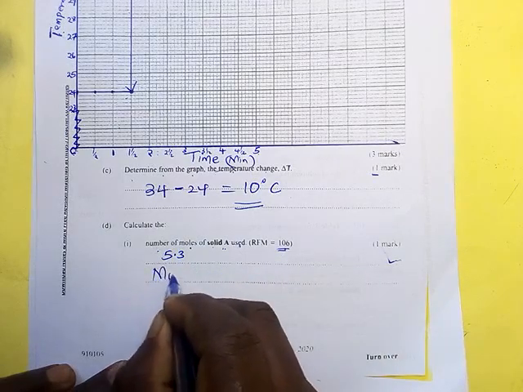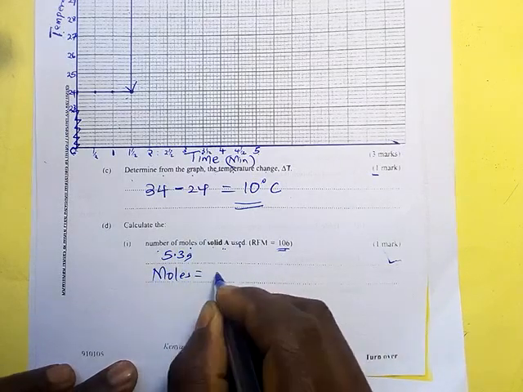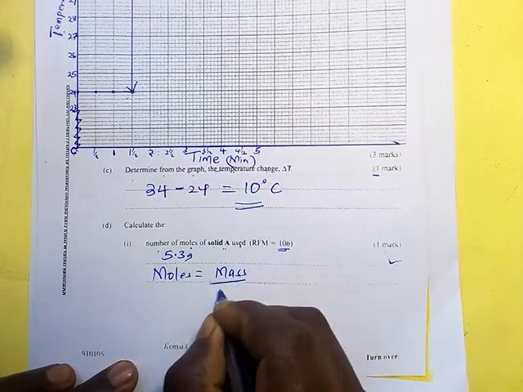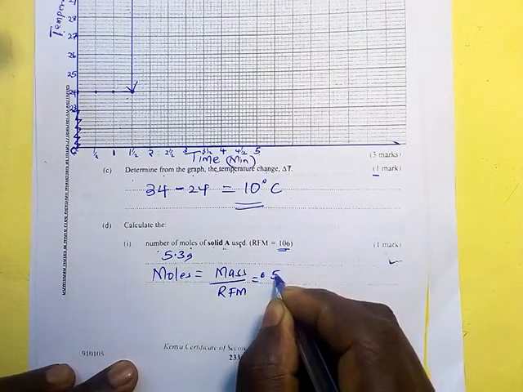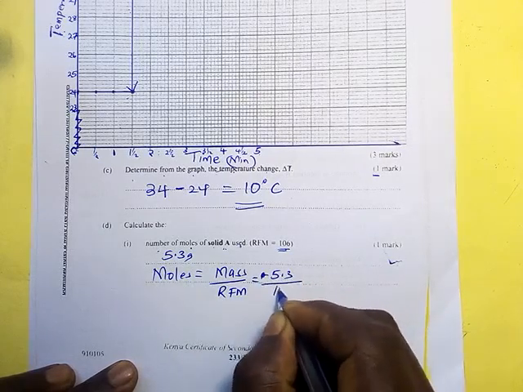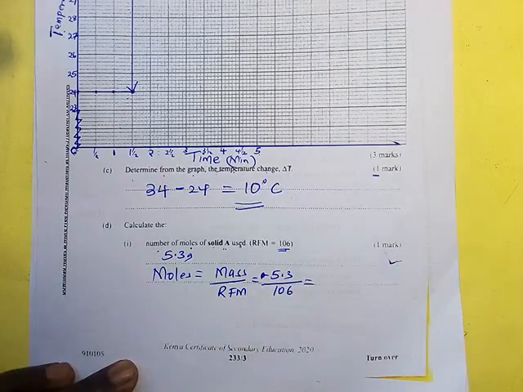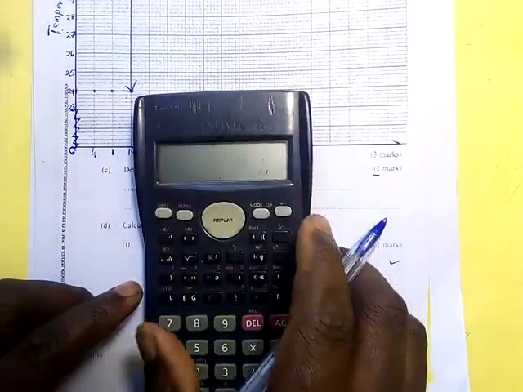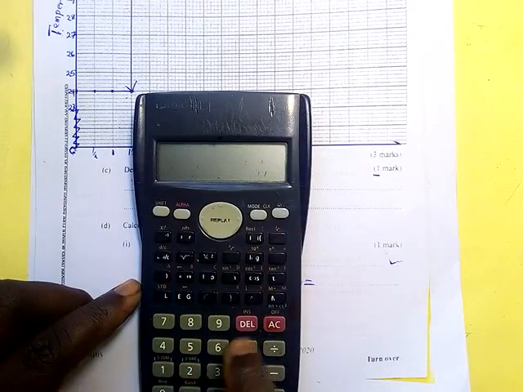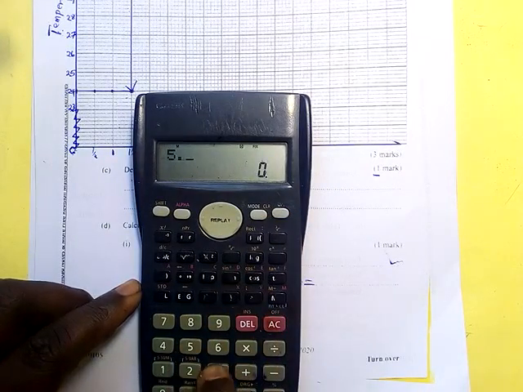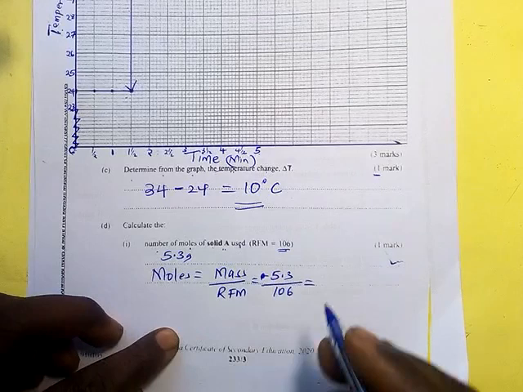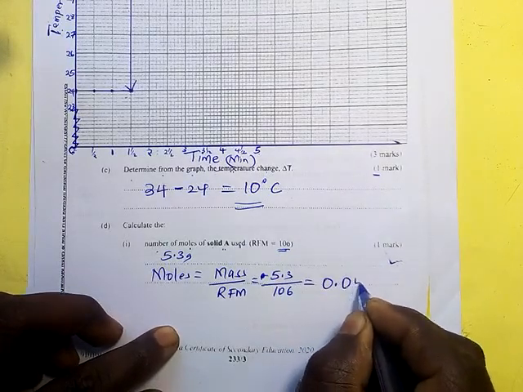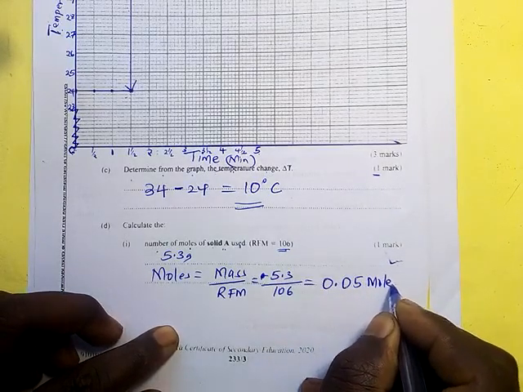But we know moles equal to mass over RFM, which is 5.3 divided by 106, and this one is your calculator. 5.3 divided by 106, that one gives you 0.05. So we have 0.05 moles of the solid.